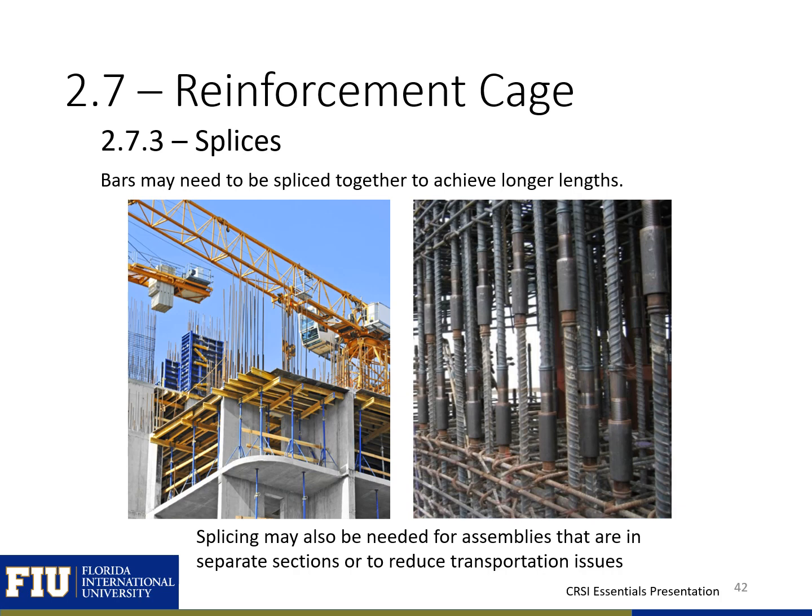Splicing may also be necessary to install reinforcing steel assemblies supplied in separate sections. Also, if construction occurs in multiple phases or multiple floors, splicing is used to connect different sections together. Splicing may also be required to splice 2 or more bent bars together if a single bar bent into the desired shape would result in a width requiring a special transportation permit.